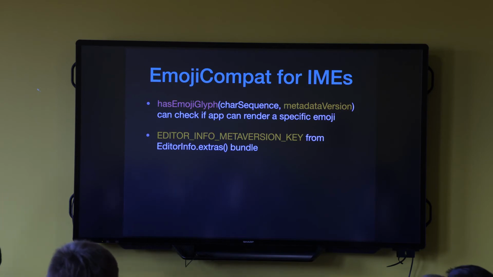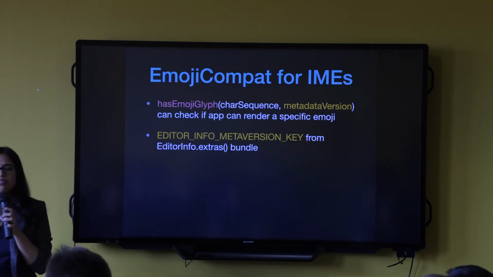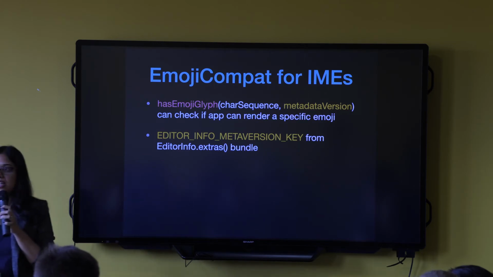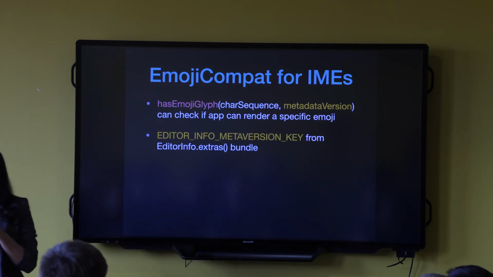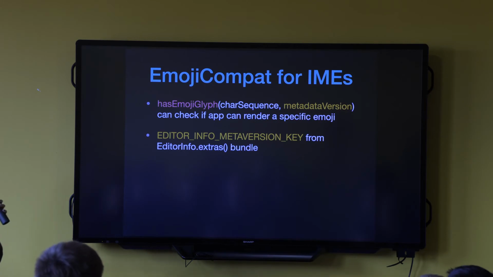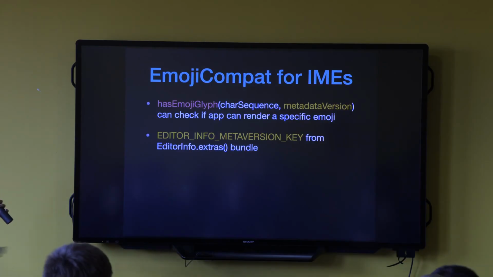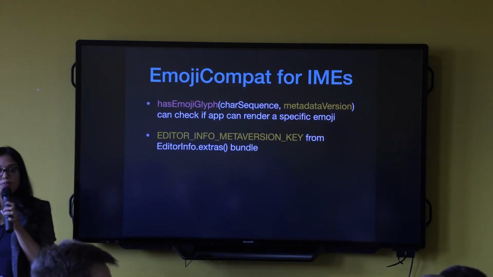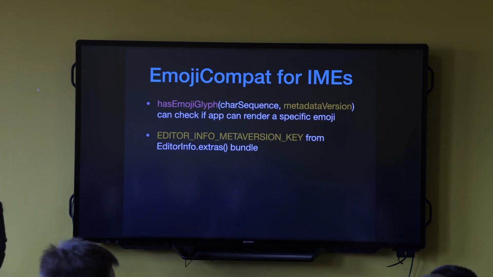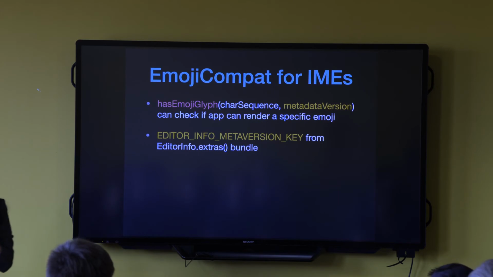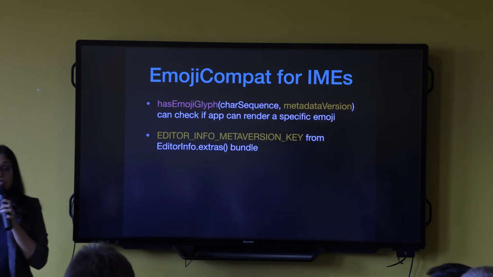And let's say you're working on a keyboard, you definitely do not want to show an emoji that the app cannot render, right? And so there's a handy has emoji glyph method. You can pass in the metadata version by looking in the editor info.extras bundle, and that way you can configure your palette and only show emojis that the app can render, which is also useful.